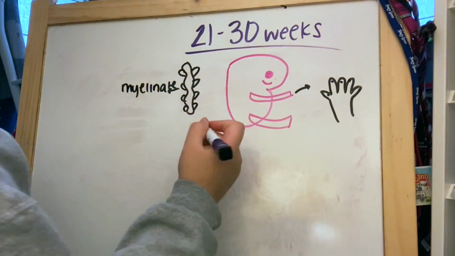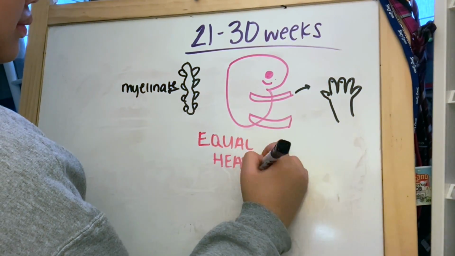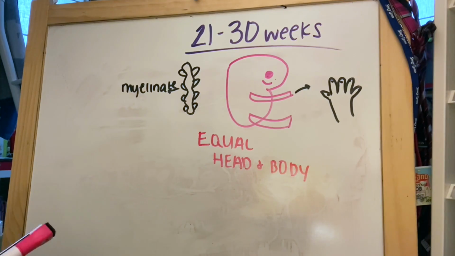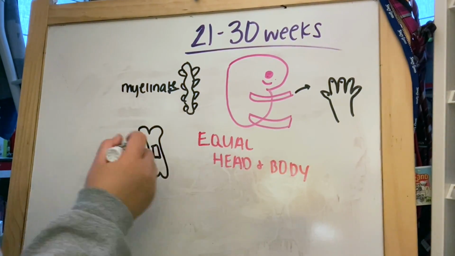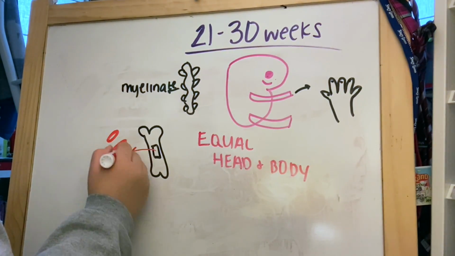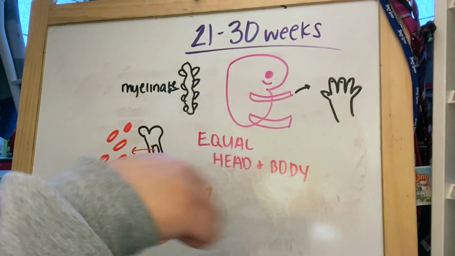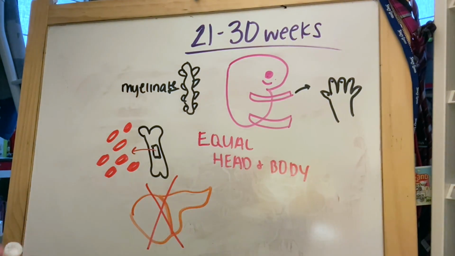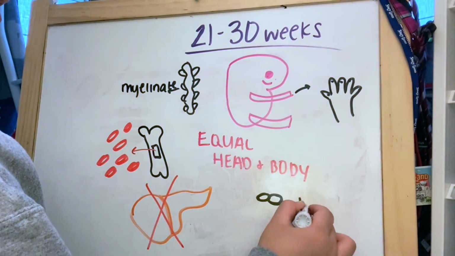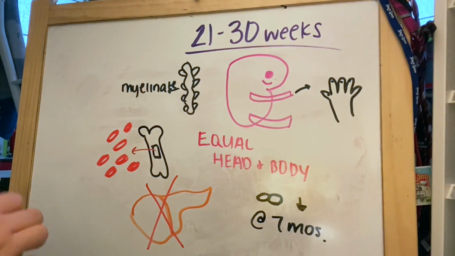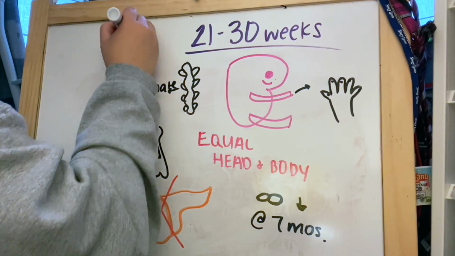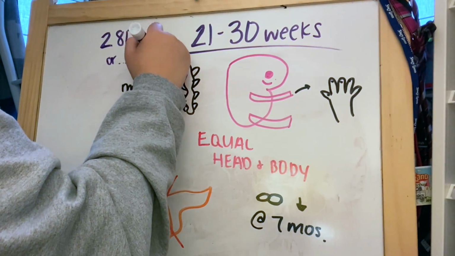The body is now fully proportioned, so we don't have a big-headed baby anymore. And the bone marrow will become the main site of blood cell formation, which means that the liver will no longer produce blood cells. Male babies will have their testes descend around 7 months. The baby will be about 280 millimeters or about 11 inches at this time.